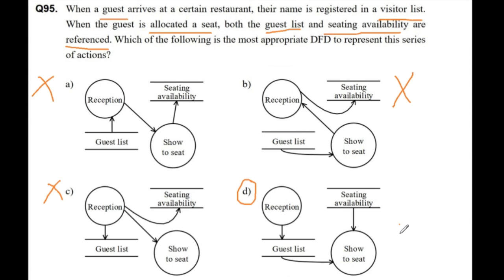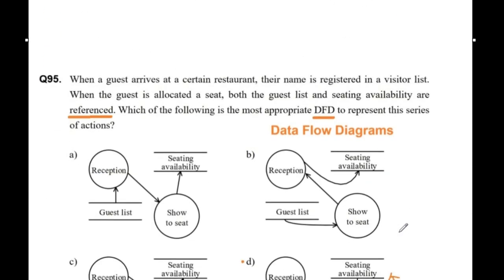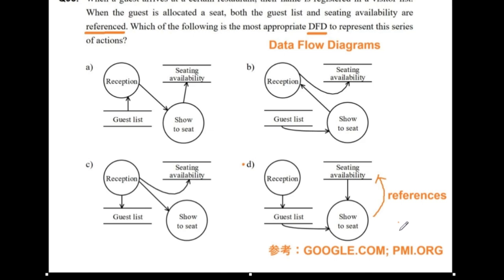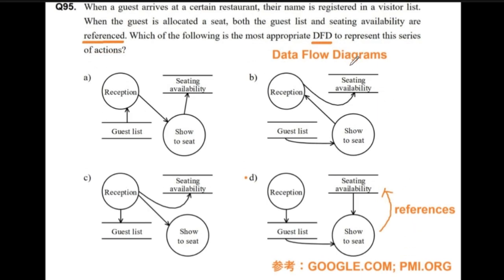So in that way, I think it's really difficult to understand. Let me see what my notes are saying. Actually, these are notes from about half a year ago. I think I wasn't able to answer this question as well. So DFD stands for Data Flow Diagrams, by the way, from our reference, google.com and pmi.org, the Project Management Institute.